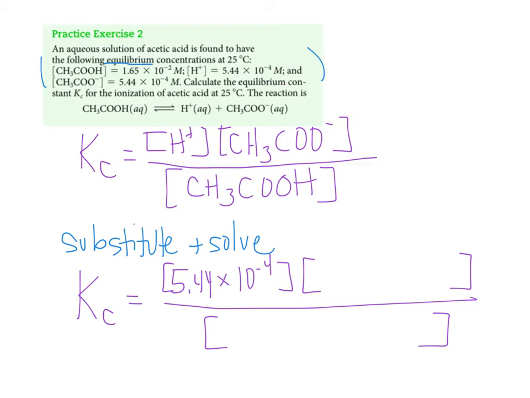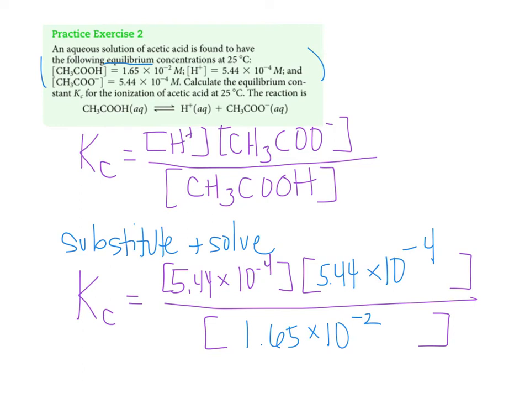So the concentration of the acetate ion here, I'm going to put here, that is 5.44 times 10 to the minus fourth also. And at equilibrium, the concentration of acetic acid is up here, and that is 1.65 times 10 to the minus 2 molar.